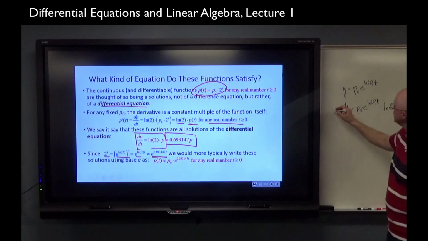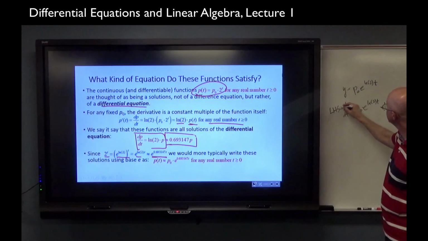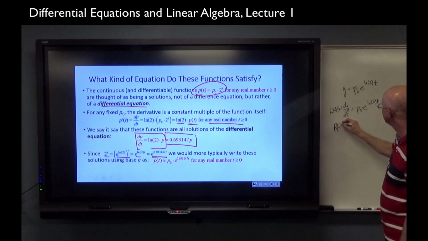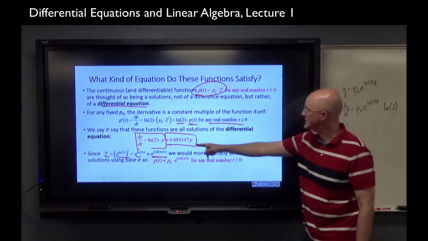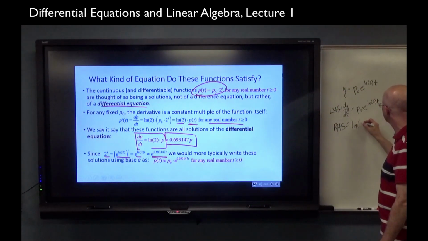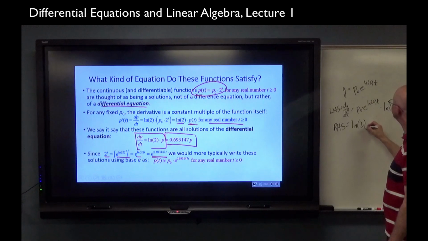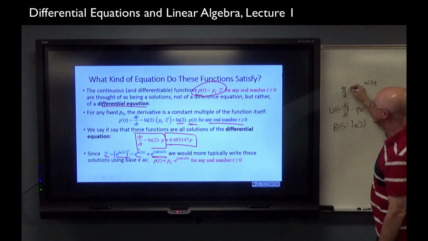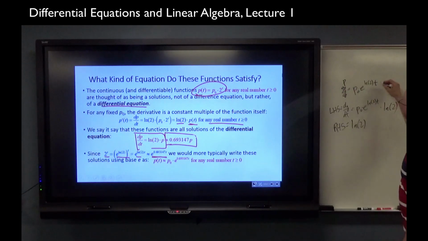So that's what the left-hand side, LHS, of the differential equation simplifies to. What about the right-hand side of this differential equation? Natural log of 2 times p. Plug in, I probably should have called this p. Plug in this: P0 e to the natural log of 2 times t. That's what I did there.